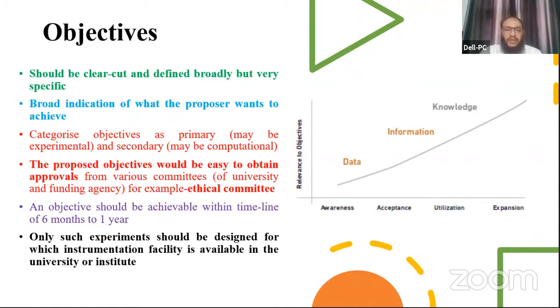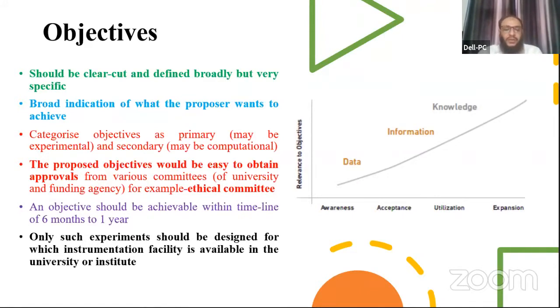And if you have taken 6 objectives, it means at least 2 objectives should be completed in a year for a 3-year project. So you have to clearly mention the timeline of each objective, whether it is completed in 6 months or 1 year. It should also be mentioned in the proposal.